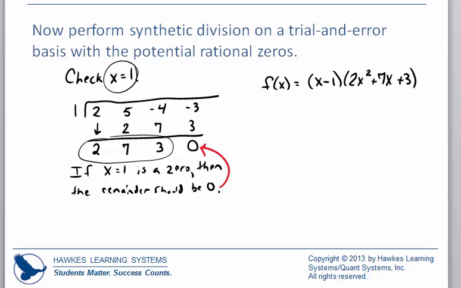Now, that is a first step in factoring, but it may not be completely factored. Note, however, that this is a quadratic with the highest power of 2, so it is possible that it would further factor. So let's check and see. To make 2x squared, we know we'd have to have a 2x and an x.